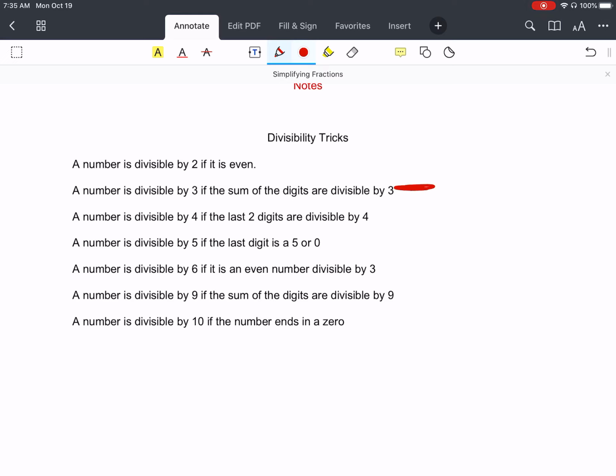So what this means, if we have a number like 522, a lot of us can't look at it and figure out if it's divisible by 3. But if you add up these digits, 5 plus 2 plus 2, we know that that is equal to 9.